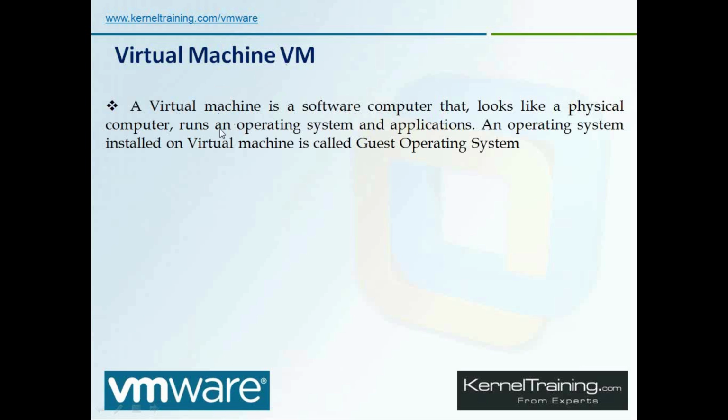In this virtual machine, we can run the operating system and application. We can install any enterprise application into this virtual machine. The operating system installed on the virtual machine is called a guest operating system. When you install any OS in the virtual machine, technically we call it a guest operating system.